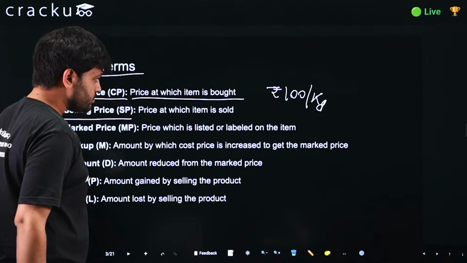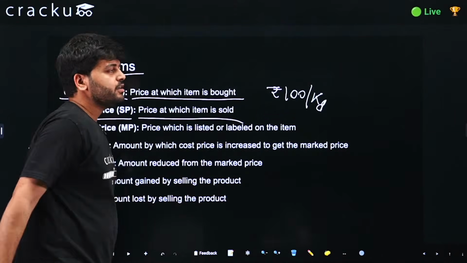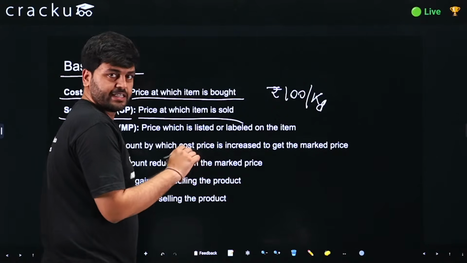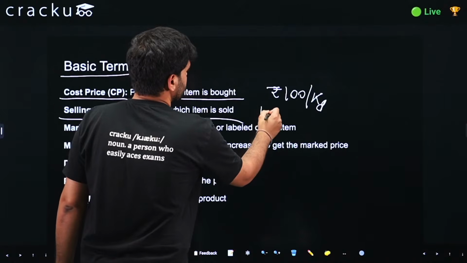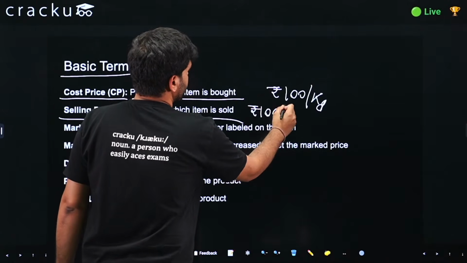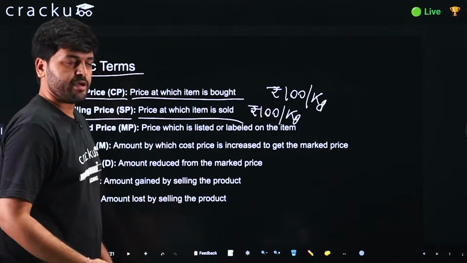Selling price. Now selling price is basically the price at which item is sold. So using the same example, for the shopkeeper, the selling price would be 100 rupees per kg. The price at which he sold the mangoes to me.